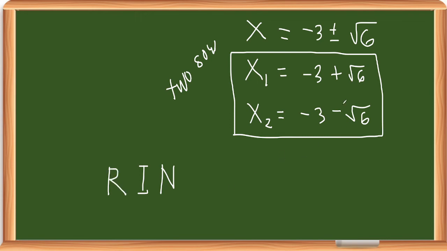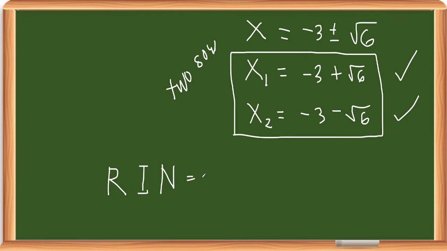No, it is real. Now, when your radical sign cannot be taken out, we can call this irrational. It will only be rational when it is a whole number. Although it is not equal, because we have two solutions here. The first solution would be this one, and the second solution would be this one, which is not equal. That is why the nature of the roots is real, irrational.